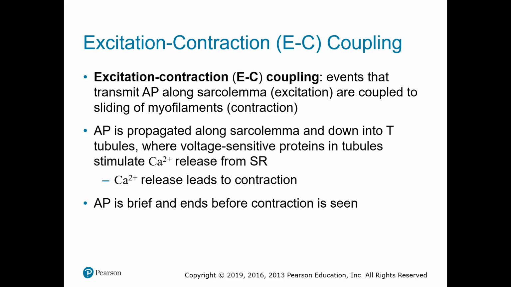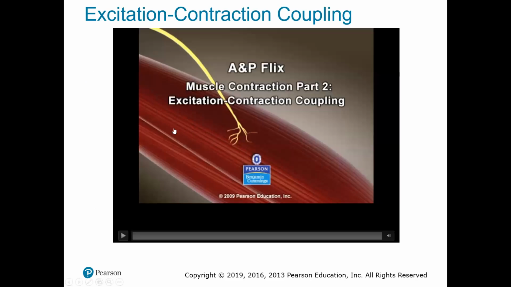The action potential comes down the T tubules and opens up the terminal cisterns and allows calcium to flood the cell. Everything we've done to this point is to get calcium to be released into the cytoplasm of the muscle cell and cover the actins and the myosins. So let's see if this works for us.